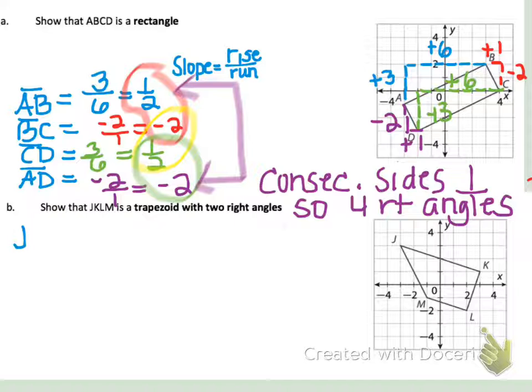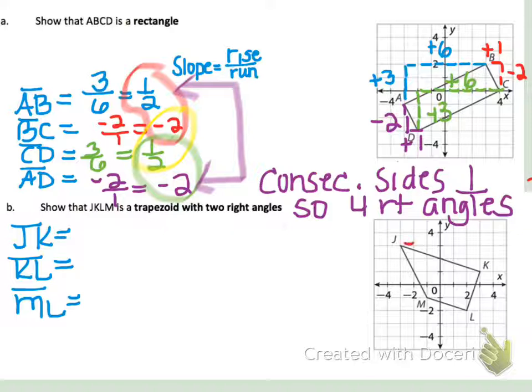So let's look at JK, its slope. Then we'll look at KL, its slope. And then we'll look at ML, find its slope. And then we can process this to make sure we've verified that we have a pair of parallel sides and these two right angles there. So let's see JK. And again, I like to start at the left when I count slope and I go to the right.